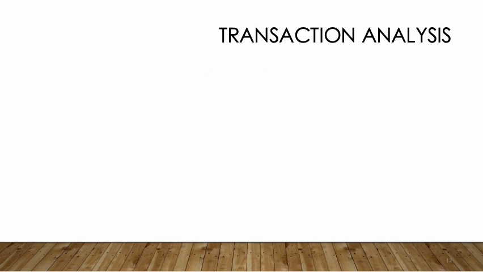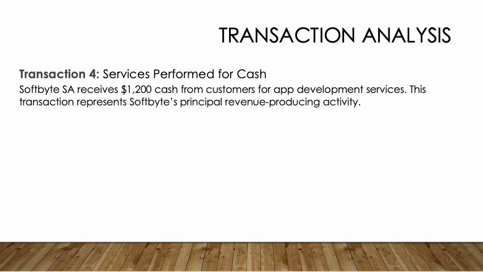The fourth transaction, we've performed services for cash. So we received $1,200 from customers for app development services, and this work is the principal revenue producing activity for SoftBite SA. And that's very important for us to understand.